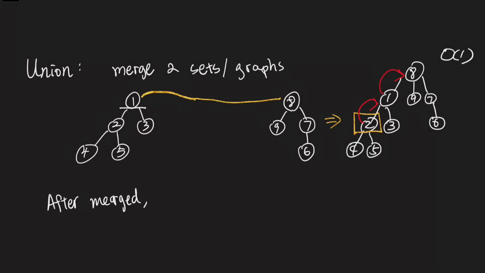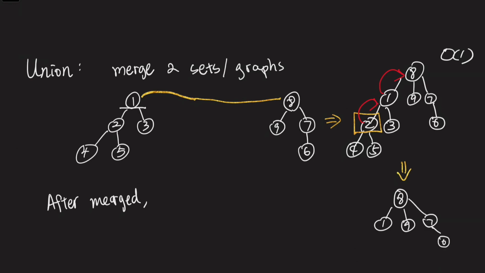However, after you have checked for 2, you set 2's leader to 8, because it's the same. 2 is following 1 and 1 is following 8. It's the same as 2 following 8. So we can just remove this subtree here.